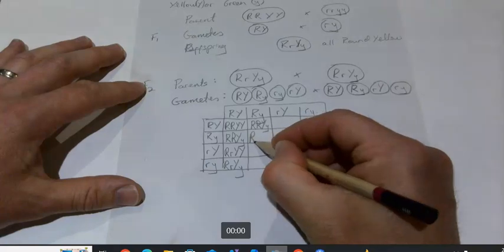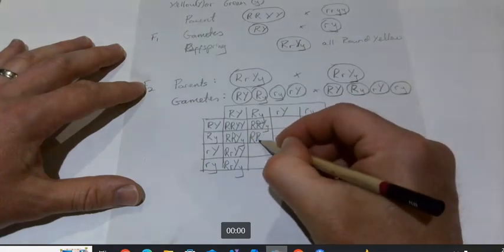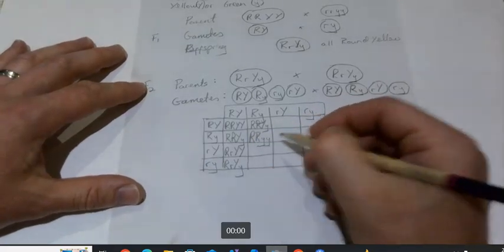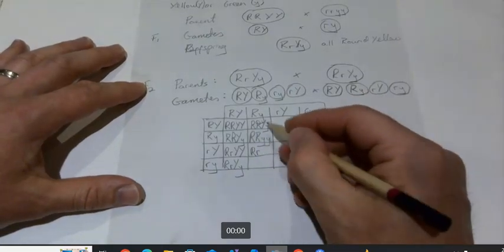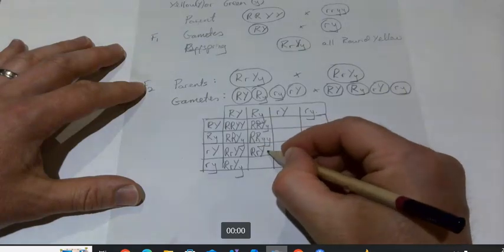So here we're working out the genotype of all the possible offspring. So I need to concentrate on this. Hopefully I don't make any mistakes.